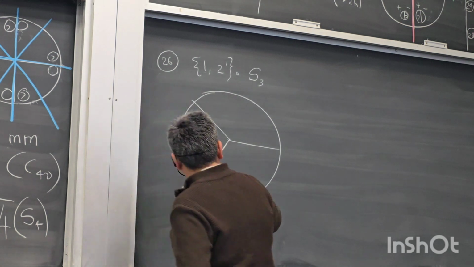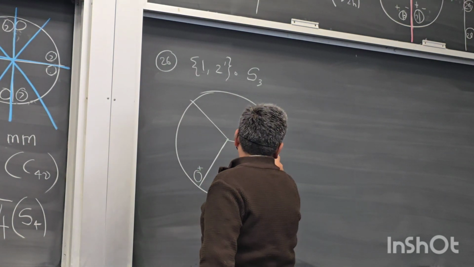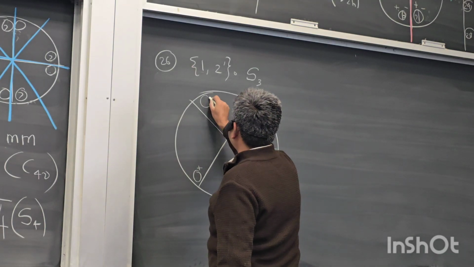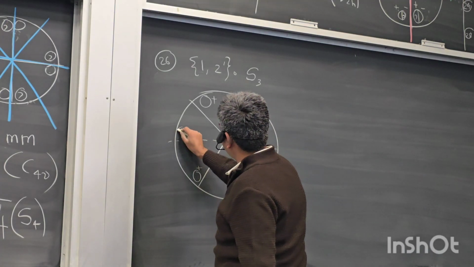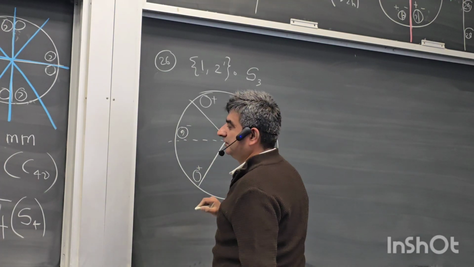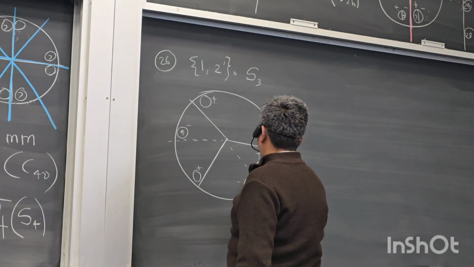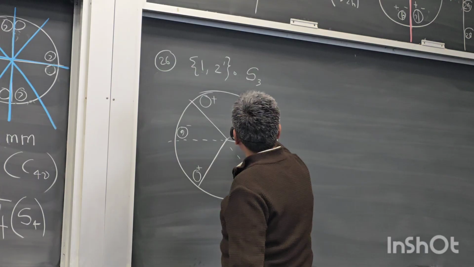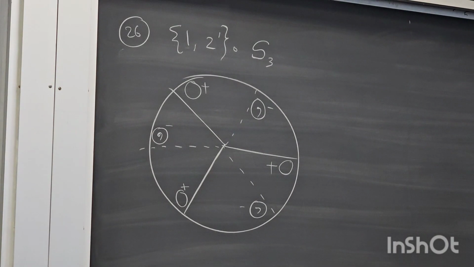Okay, so let me draw S3 plus, comma, minus comma. Okay. So this was my original 3-bar. 3-fold axial rotation followed by center of inversion.